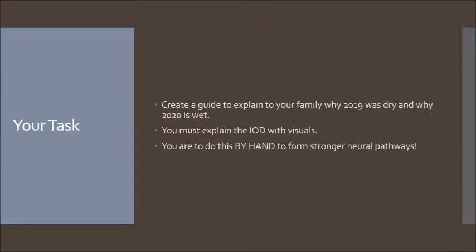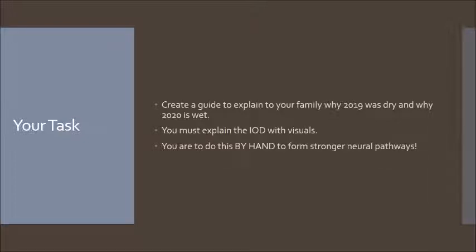So what I'm asking you to do now is go and watch those videos, get a really solid understanding of the Indian Ocean dipole. Make sure you really understand how it influences Australia's climate.